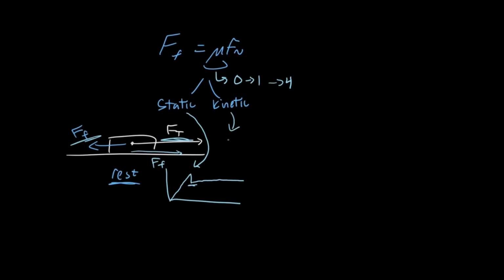So again, kinetic is when the box is moving, or whatever object is moving, but it's still exerting a force of friction to slow it down. Static is when the force of friction is so large that it's actually preventing the direction of motion, right? It's preventing Ft from having an effect on the box and making it move.